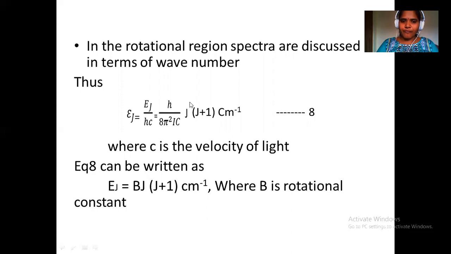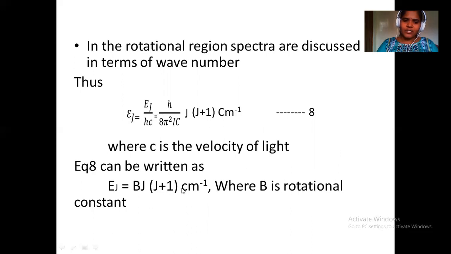For a given molecule, h by 8 pi square Ic is constant, so we represent this term as capital B, the rotational constant. So the wave number equals B J into J plus 1 centimeter inverse.